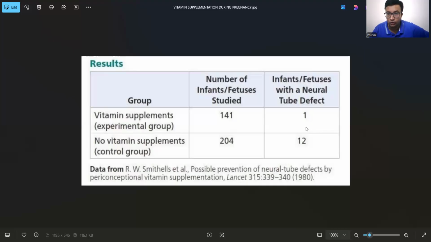So yes, this is a very significant correlation between the beneficial effect of multivitamins upon pregnancy or fetal development. Okay, so this answers that. And specifically, it was folic acid or folate, which is a type of vitamin B. Vitamin B9 synthetic derivative is folic acid.